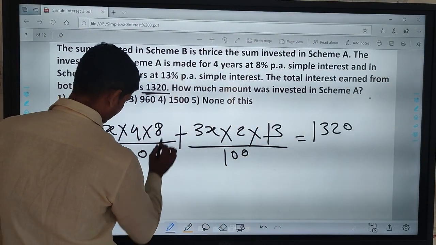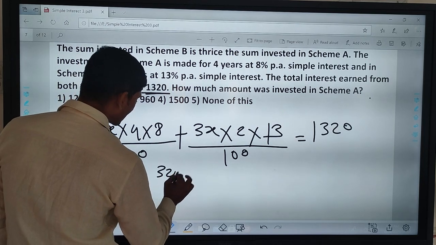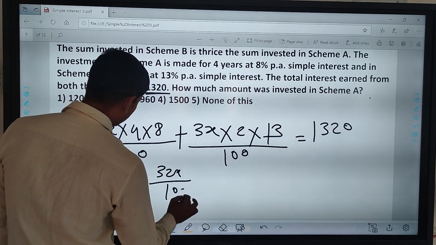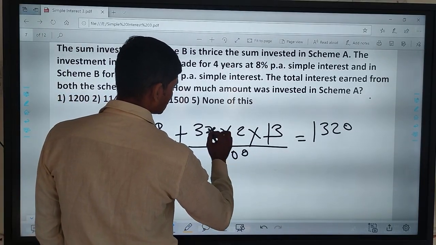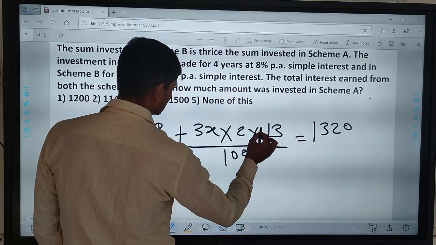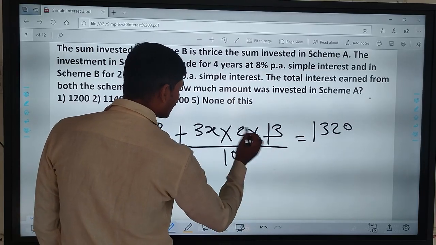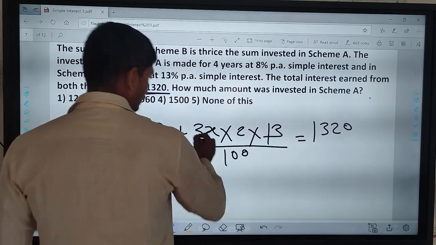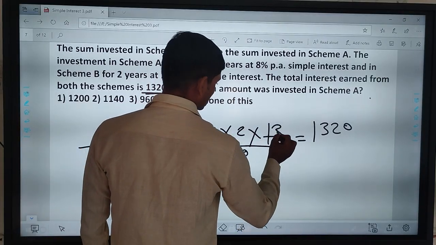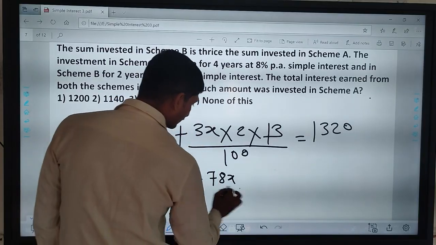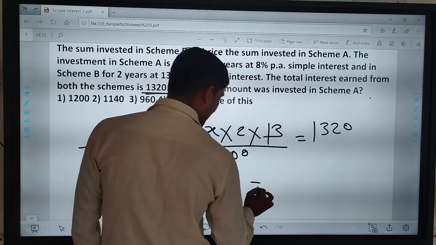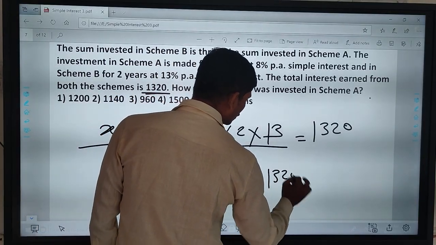Now here we take addition. 32x divided by 100 plus, here we take multiplication of these two, 78x divided by 100 is equal to 1320.